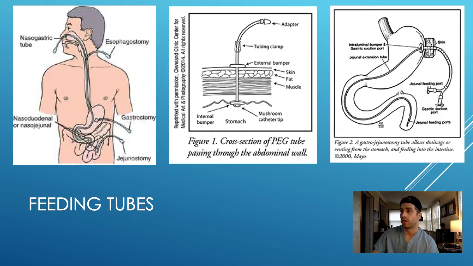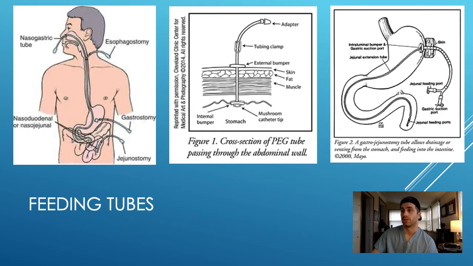Next, mid-right, you'll see the gastrostomy tube. See, I can't even say it. And those go directly from the skin into the stomach. Next, over here on the left, you see nasoduodenal or nasojejunal. So these are going to go from the nose, and it just depends on the depth.